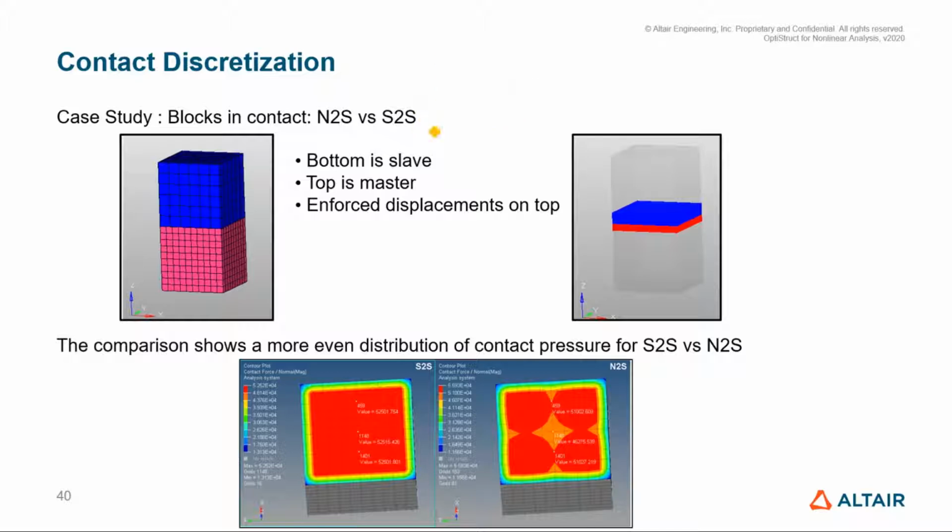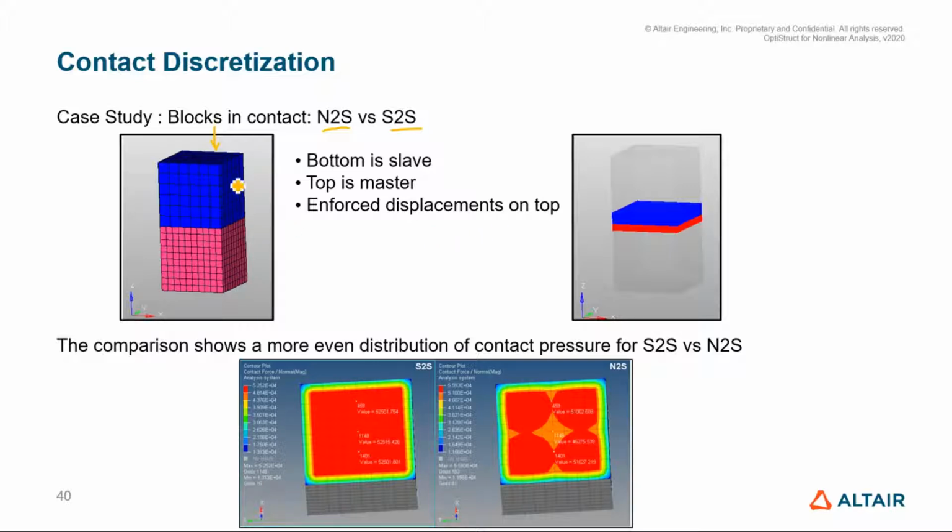Okay, so for this example here, let's check what's the difference between node to surface and surface to surface. Now the bottom is slave, so the smaller mesh size is slave and the bigger mesh size is the master. Both objects are the same size, and we have an enforced displacement pushing downwards.